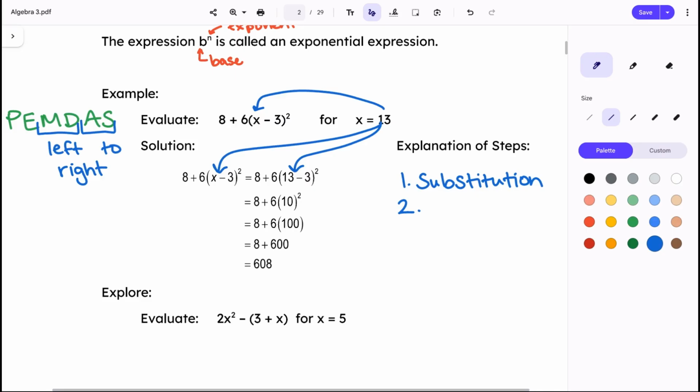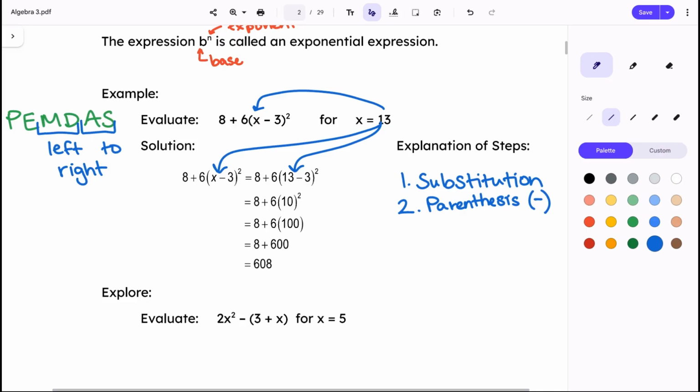What happened? Yeah, they took 13 minus 3 to get 10. Okay, so they did subtraction inside of the parentheses. So again, we're following order of operation. So I'm going to write parentheses. And I'll just put in parentheses after that a little subtraction sign because that's the actual operation that occurred there.